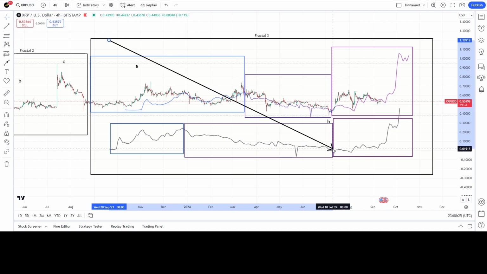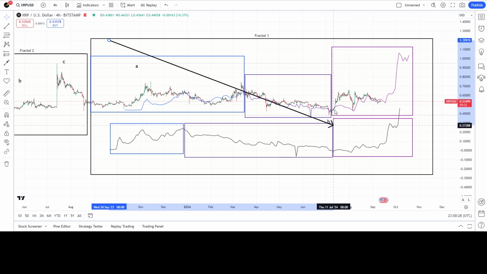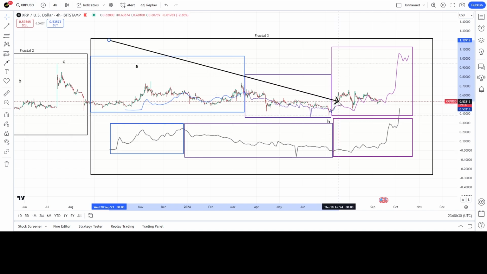Well, it is my belief that as this structure continues to play out, first off, it's playing out larger than I initially thought. But I have no choice but to continue to analyze this structure as it plays out, and as new clues get printed, I will adjust my analysis to reflect the latest data, and that's what I do with these structures.